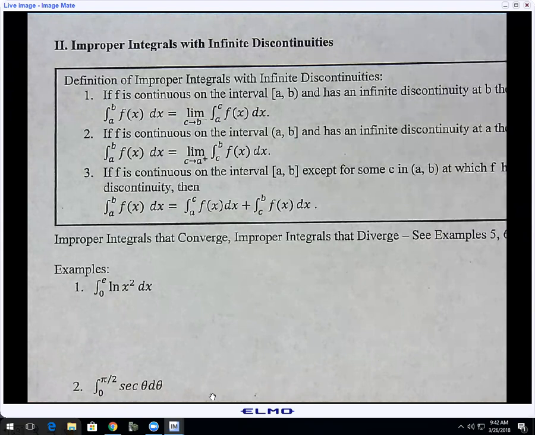Let's just call them vertical asymptotes. When we have a vertical asymptote at the right endpoint, we're going to rewrite the integral.